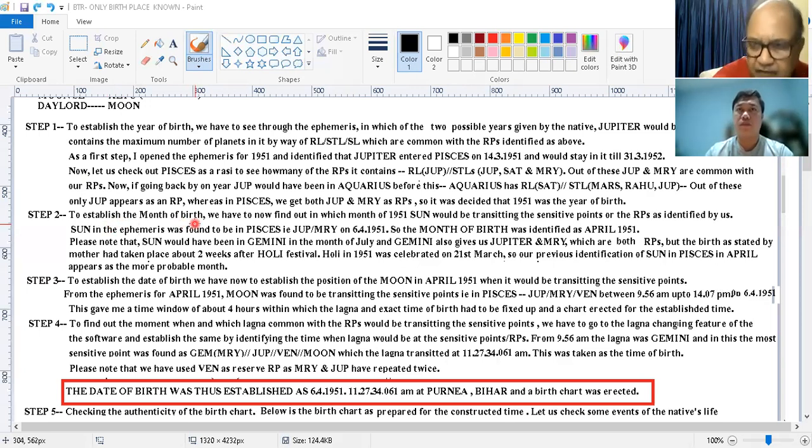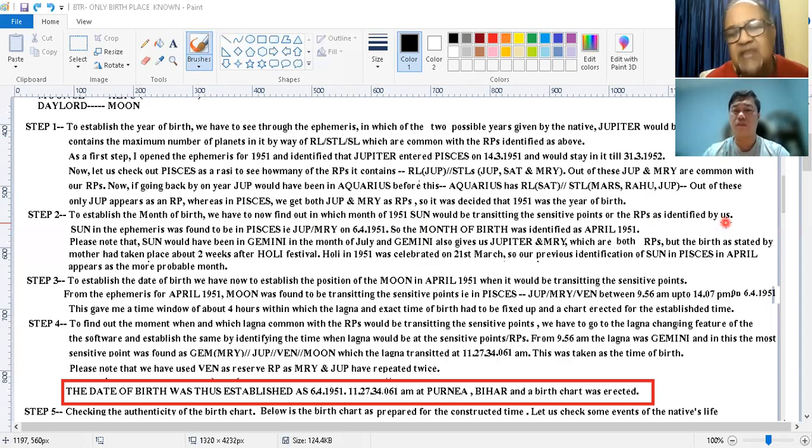After that, we will see an example, so it will be clearer. We have to find out in which month of 1951 the Sun would be transiting the sensitive points or the ruling planets as identified by us.